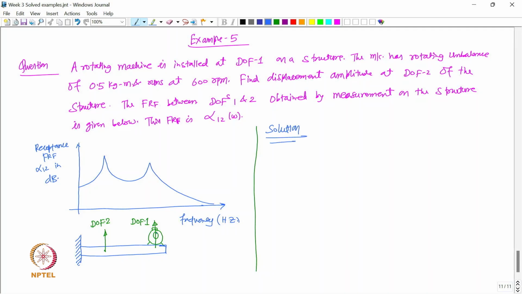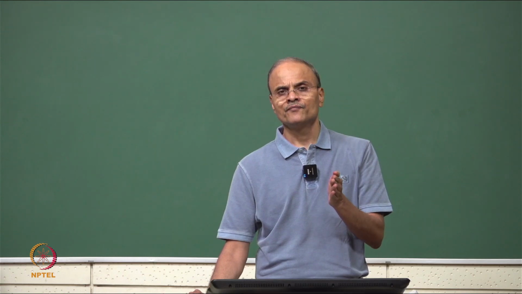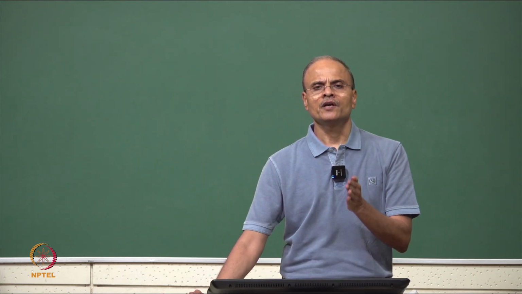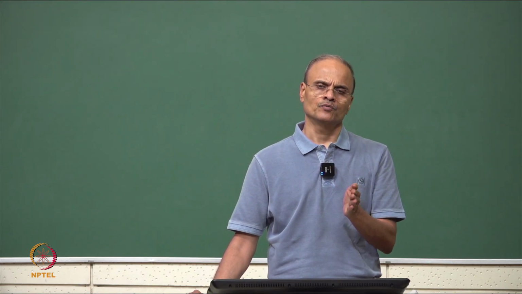So, the point is that we can use our idea of the frequency response function. Frequency response function essentially gives you, for example, alpha 1 2, what does it say? It says how much is the amplitude of the response at degree of freedom 1 if a unit amplitude harmonic excitation force of a certain frequency omega acts at degree of freedom 2.